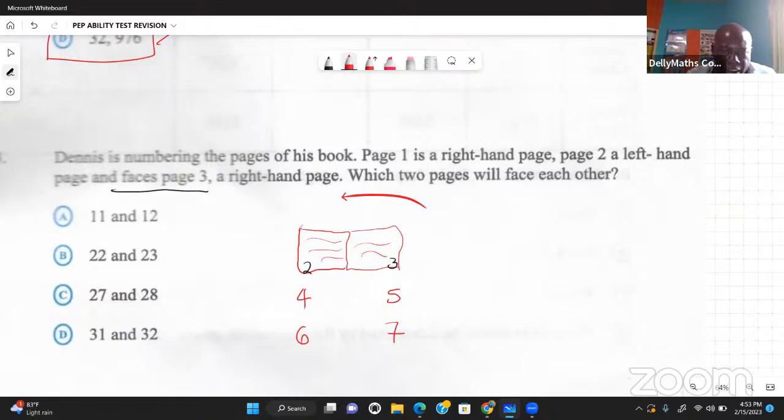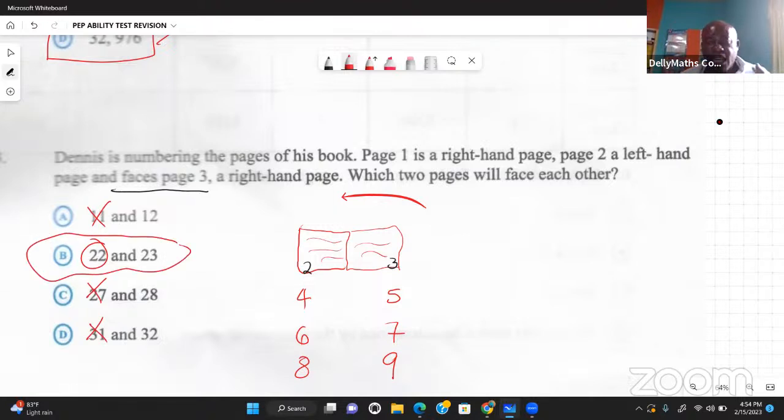So you see a pattern where the even number is on the left and the odd number is on the right. Which of these could be okay? I am only looking for an even number on the left. And this is it. Everything else has an odd number on the left, so they are off. So the answer is B. An even number on the left is the only way out.